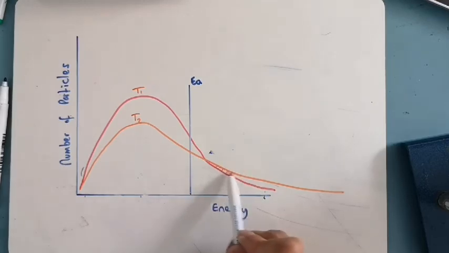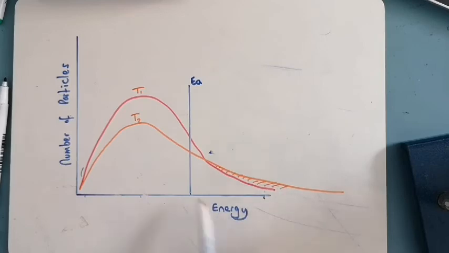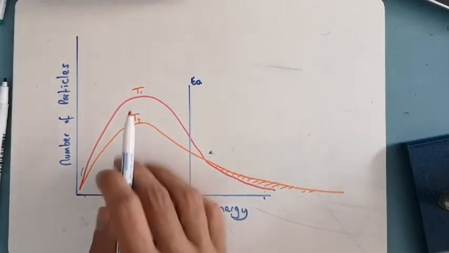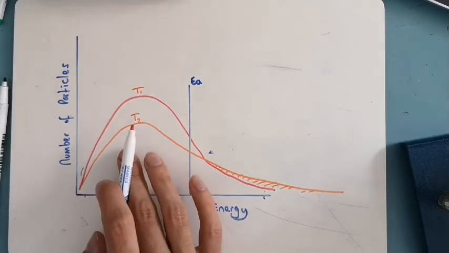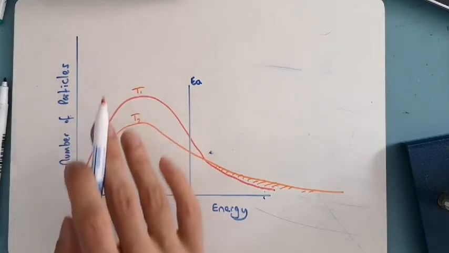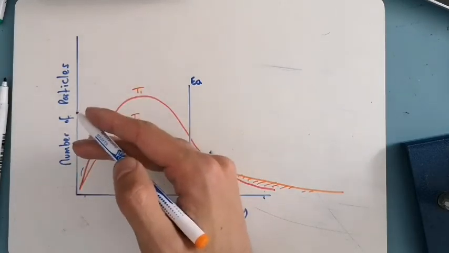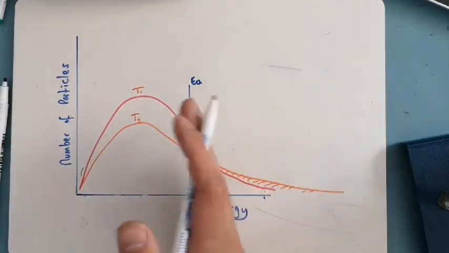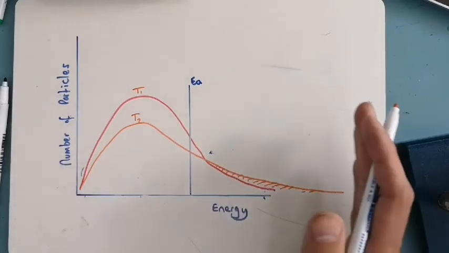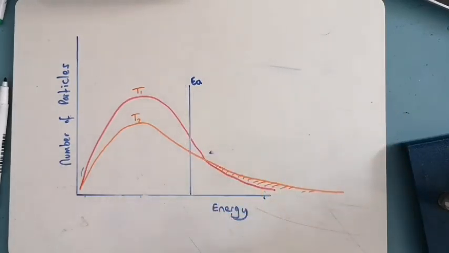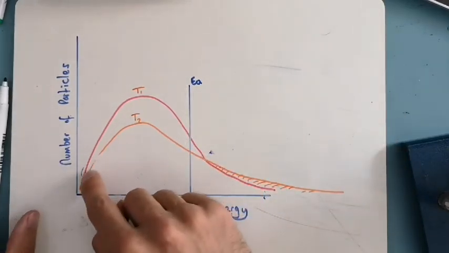So all of these, suddenly they can react. That couldn't before. There's fewer particles now without energy to react. So increasing the temperature flattens down the curve and increases the number of particles to the right of the EA line. So that's the first way we can adapt it.